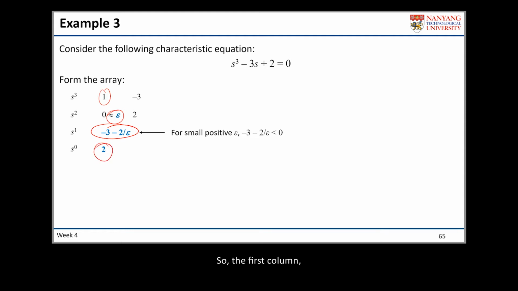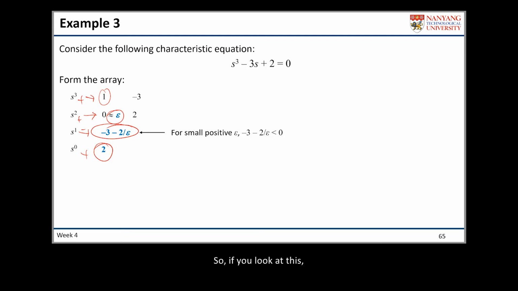So in the first column, you have positive, you have negative for this one, you have positive for this one. How can you conclude? Your system is unstable. From the first column, there is a sign change.